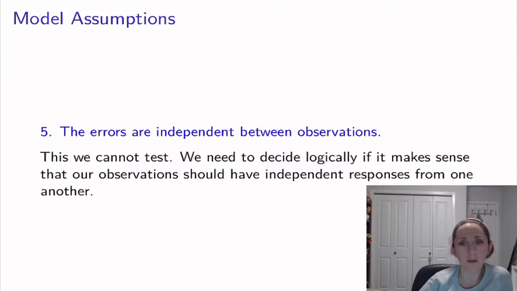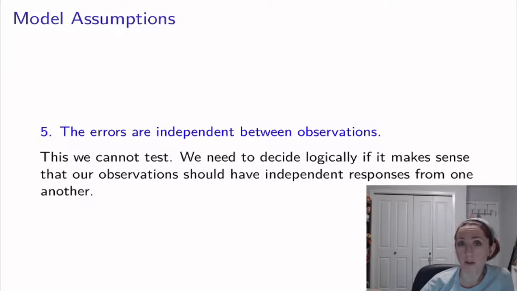That could be a reason why your errors aren't independent, because there is a time factor to the way that you have collected them. So this is more about thinking logically, did I collect my data appropriately? If this is a designed experiment, did I do my best to try to avoid time effects where one is going to predict what's going to happen in the next one?